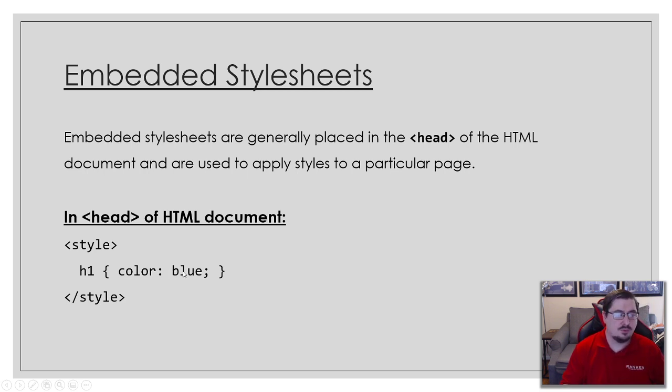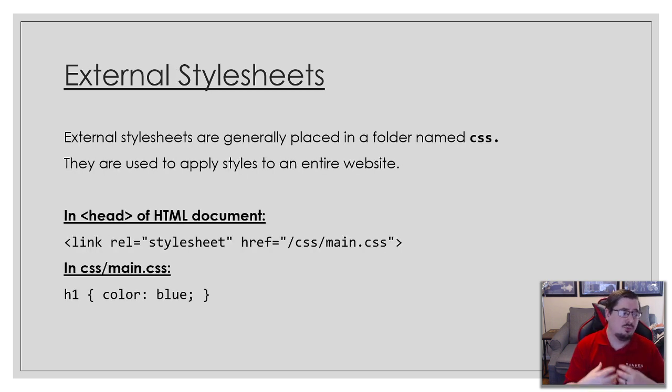Okay, so I can write it that way as an embedded style sheet, and that would be preferable over an inline style. But often you have styles that need to be applied across the entire website. So in that case, it's better to move those into an external style sheet.